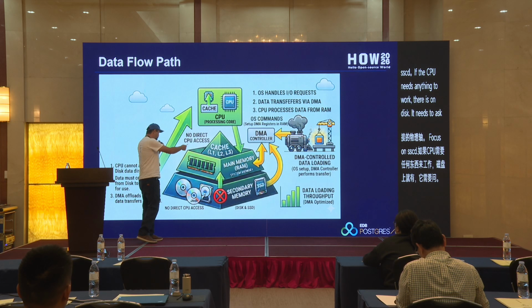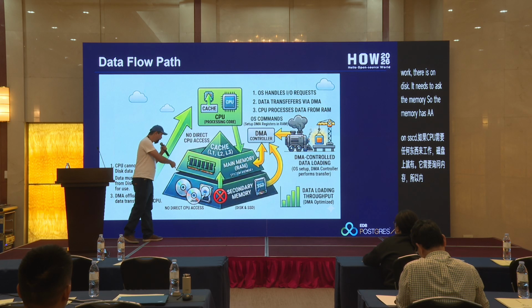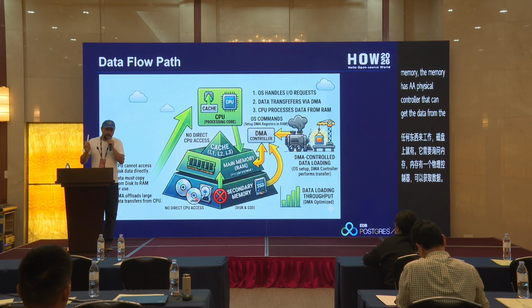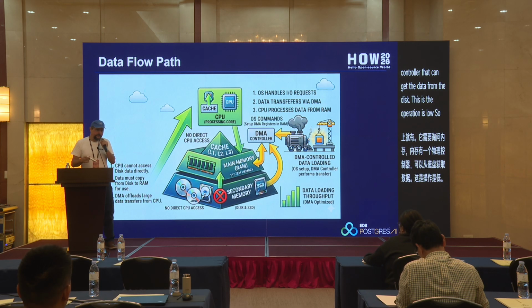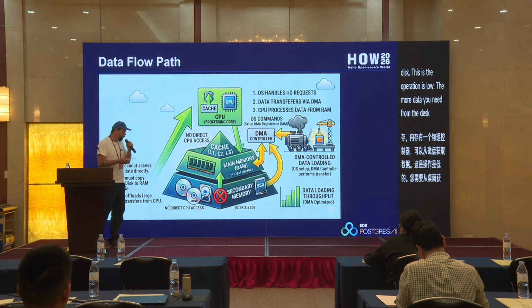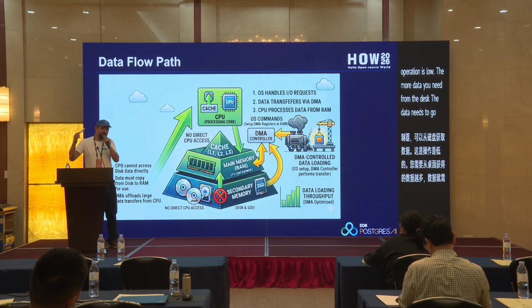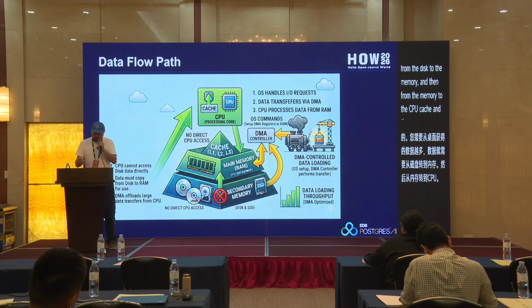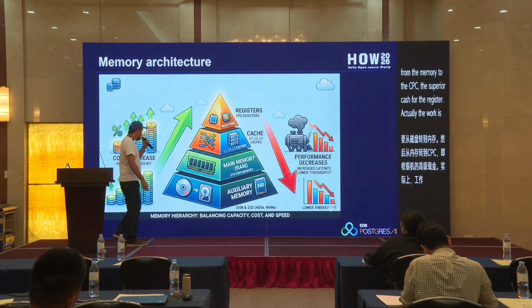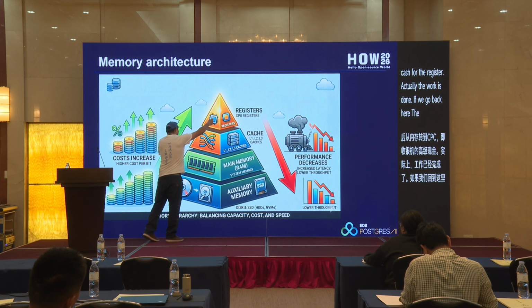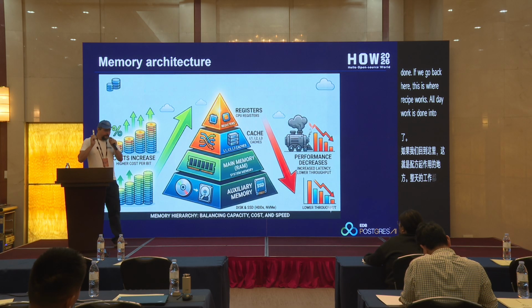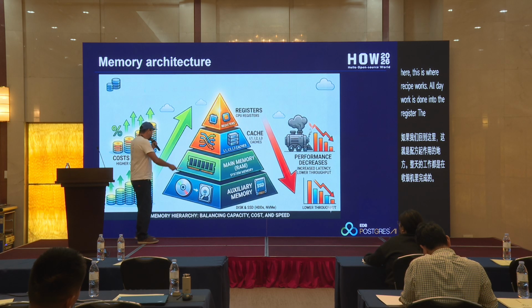The memory has a physical controller that can get the data from the disk, and this operation is slow. So the data needs to go from the disk to the memory, and then from the memory to the CPU cache, and from the CPU cache to the register, where actually the work is done. So if we go back here, this is where the CPU works. All the work is done in the register. The register has access to the cache.